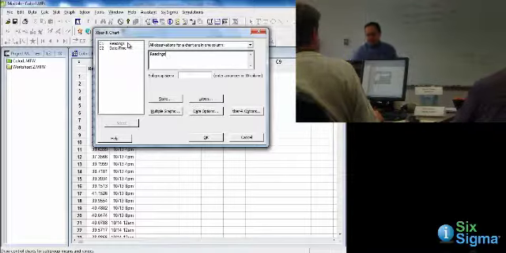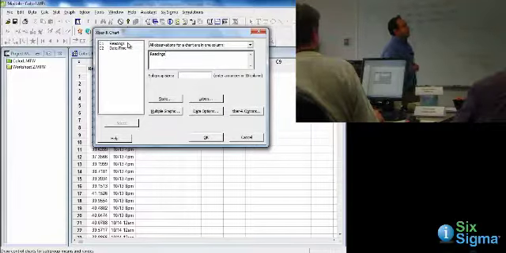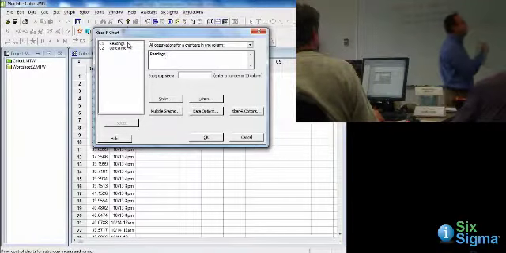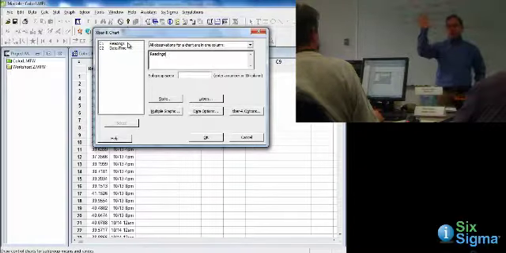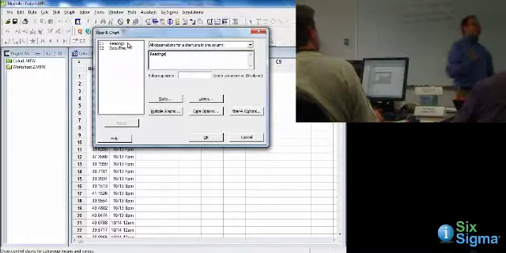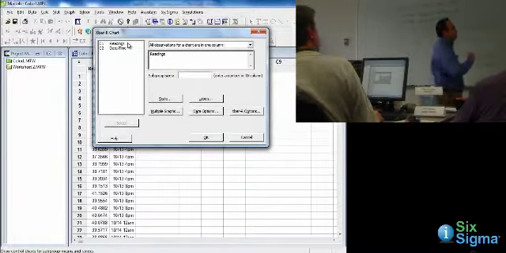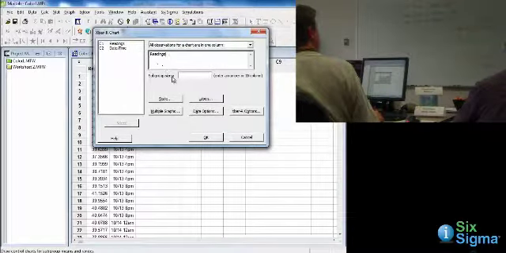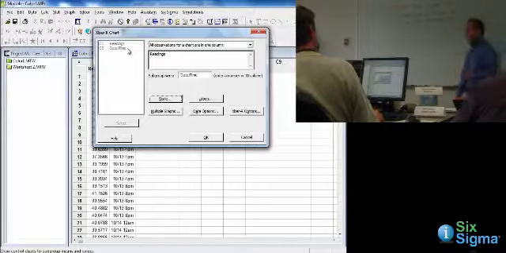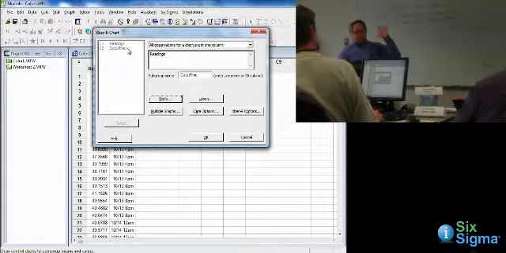You can put the number 5, because we know the subgroup size is 5, or we can tell Minitab to figure out the subgroup size by looking at this second column. Using a column like this to track the subgroup size gives us the flexibility to have unequal subgroup sizes. Sometimes it may not be feasible to get 5 parts all the time, so you would need a second column to keep track of that. In this particular case, the subgroup size was exactly 5, so it doesn't matter if you put the number 5 here or choose the date time column, the result will be exactly the same.